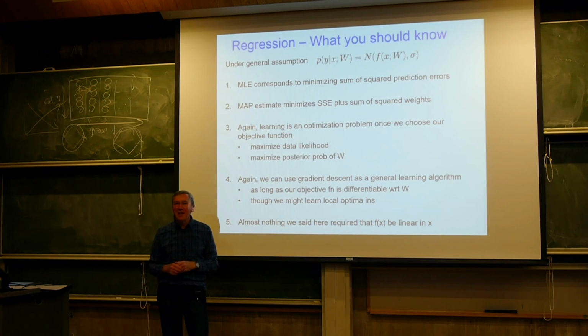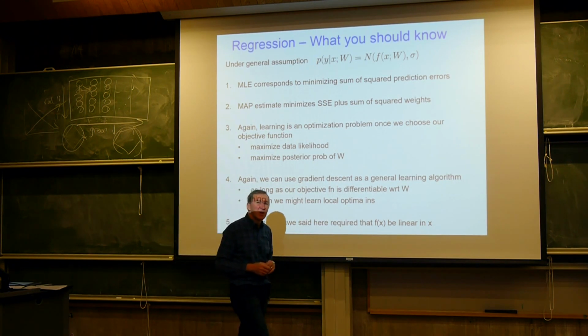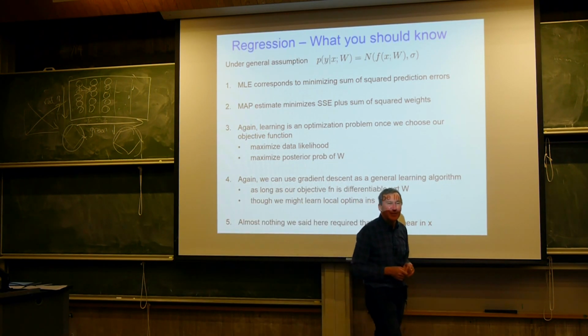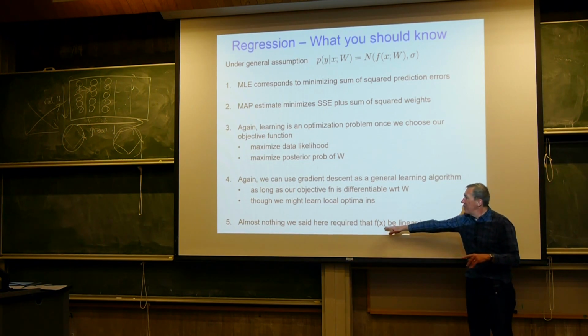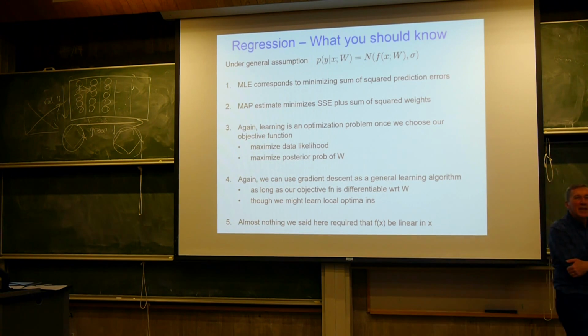If you make the dimension high enough, gradient descent is a very competitive technique for solving the problems. So, in fact, also notice that almost nothing we said here required that f of x be linear.